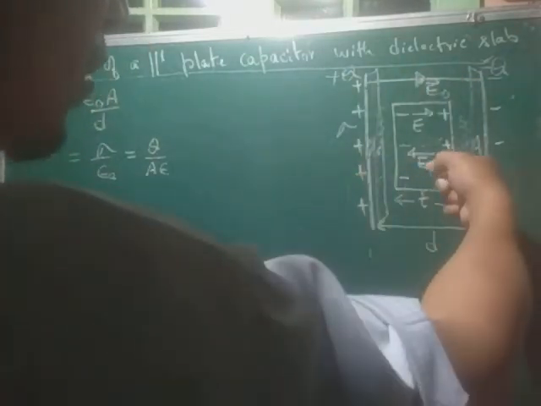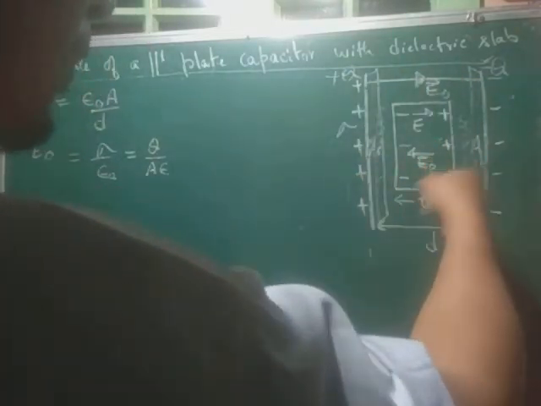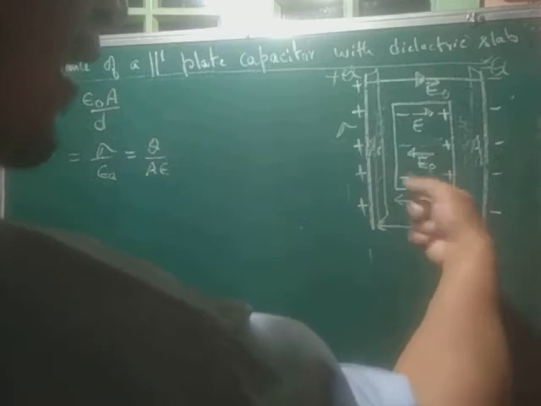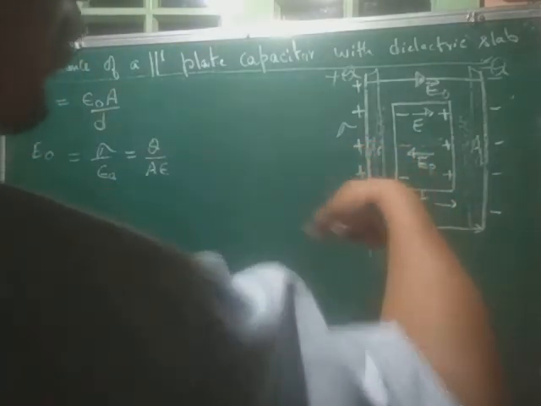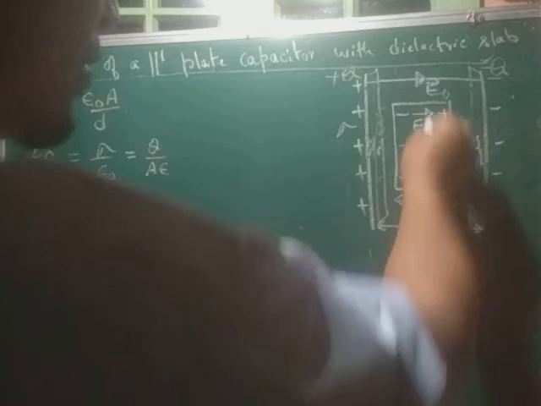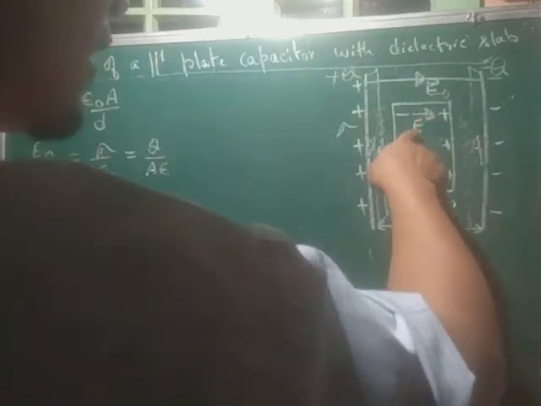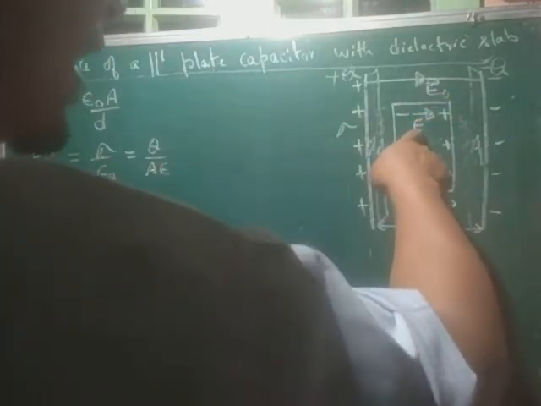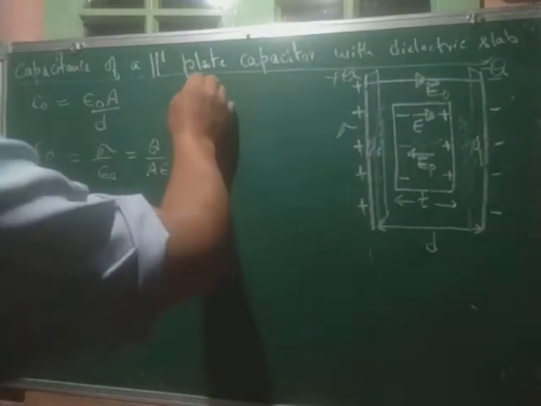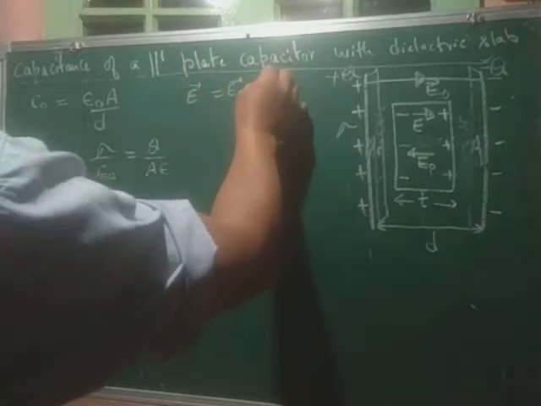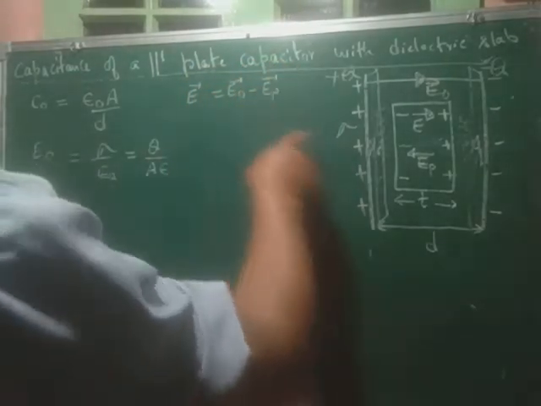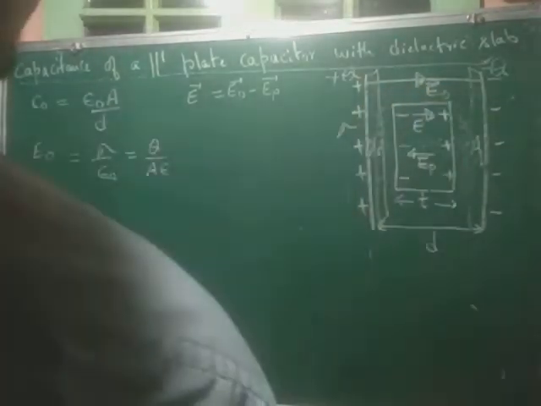Because of this opposite electric field EP inside the dielectric, the applied electric field E naught will reduce, and the reduced field inside the dielectric slab is E, which equals E naught minus EP. The direction of this E is along the direction of E naught.